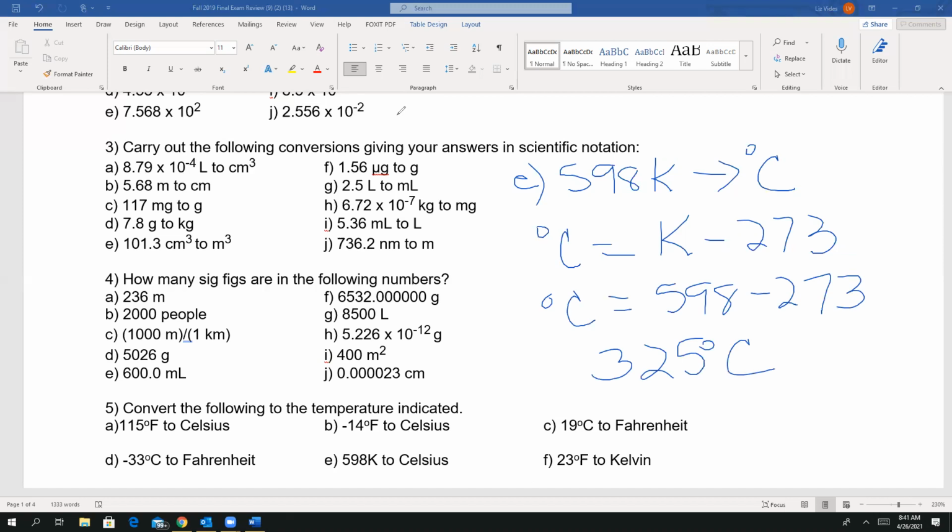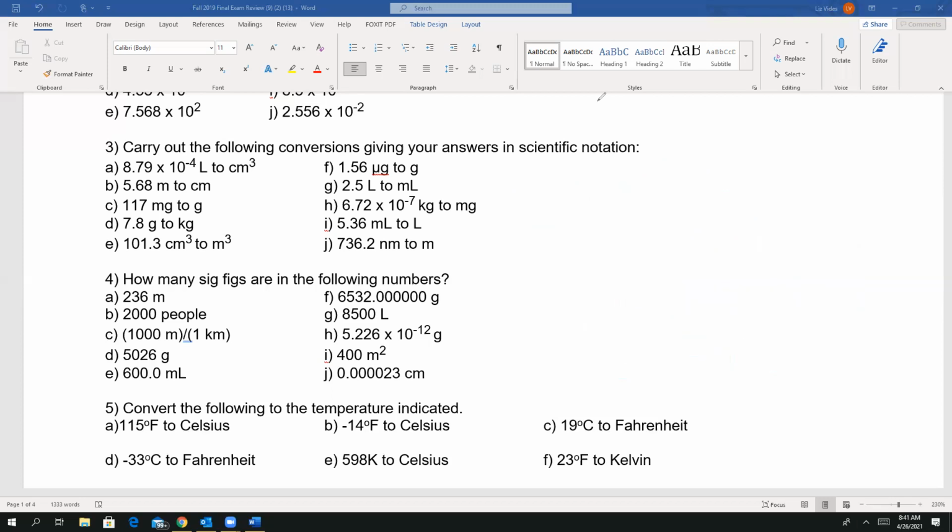Now, I'm going to go ahead and do F2 because that's a different one. And it also goes through all of the other that you need. So you have Fahrenheit to Kelvin.